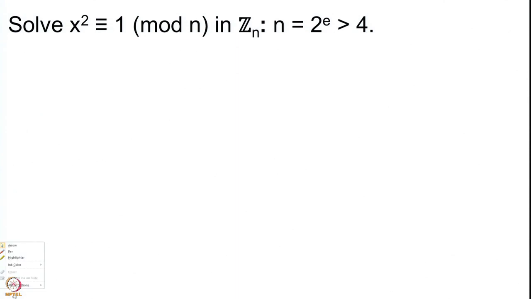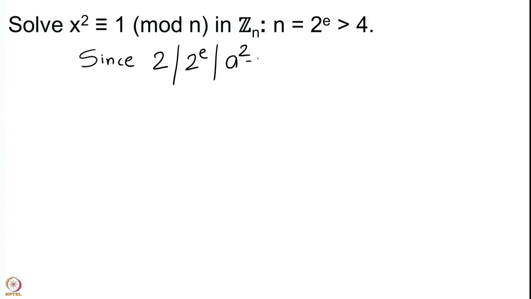The first 2 cases, that 2 divides only a plus 1 and not a minus 1, or 2 divides only a minus 1 and not a plus 1, are not going to occur. How does that happen? Since 2 divides 2 power e, which divides a square minus 1, which we will further write as a plus 1 times a minus 1, a is odd.